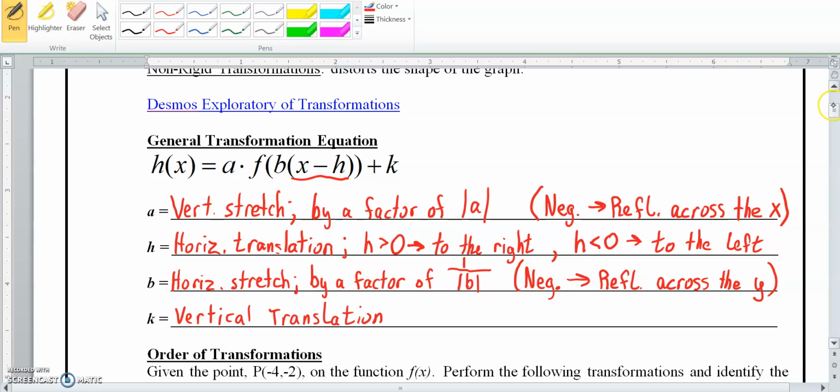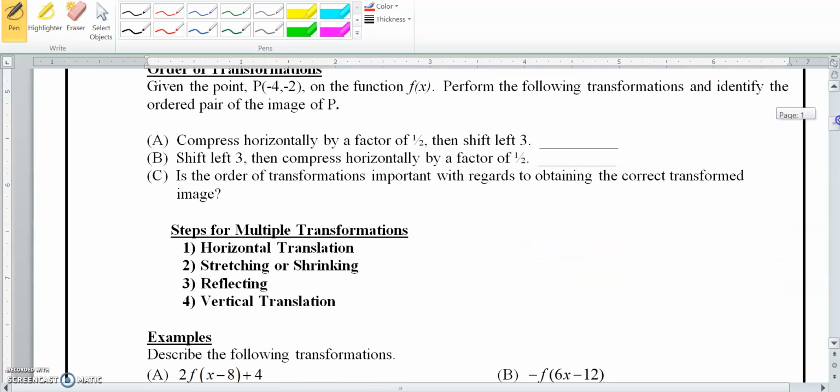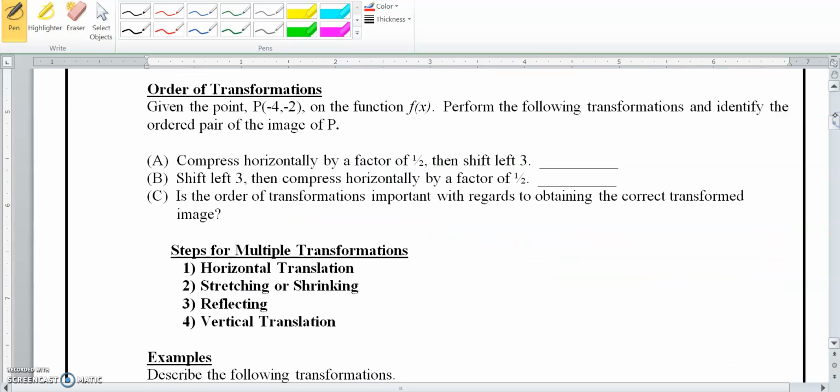Let's see. So now we want to talk about the order of the transformations. So if we start with point P at -4, -2, we're going to look at transforming this in 2 steps.